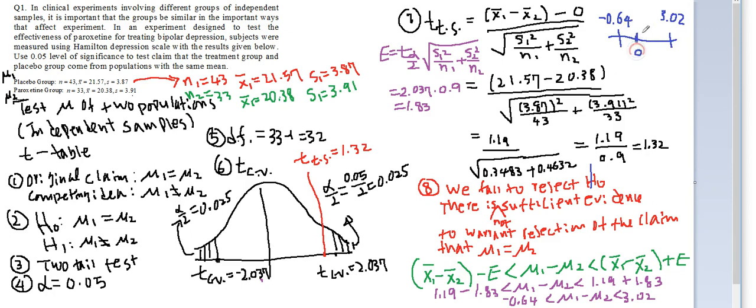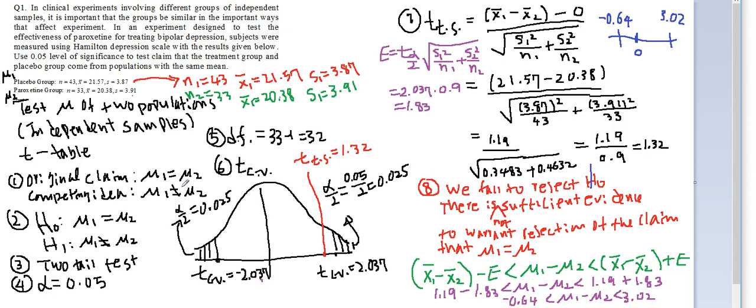So there's a 0. If the confidence interval contains a 0, which means that mu1 is equal to mu2, it means that it contains the notion that nothing's happening. So if your confidence interval contains a 0, then it tells us that nothing's happening in the populations.